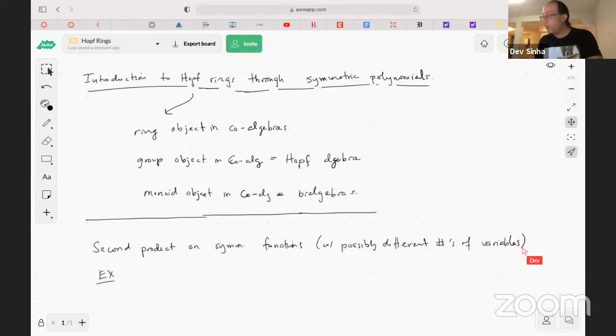So what we do, here's a little example, is we take a symmetric polynomial, like say x1x2 + x1x3 + x2x3, and take another one with maybe different numbers of variables.